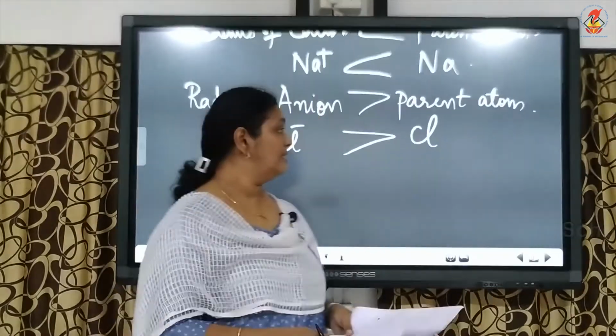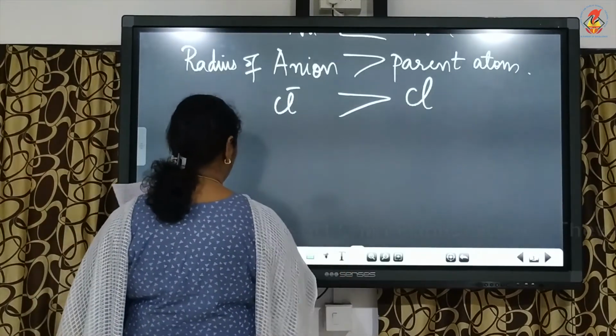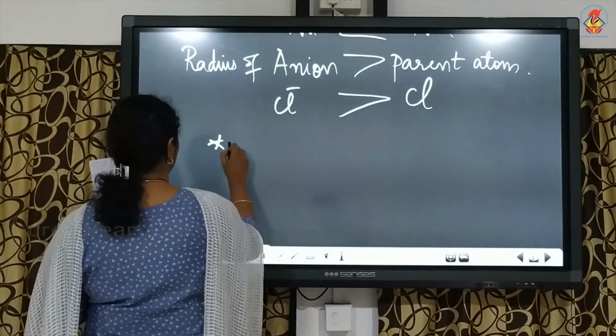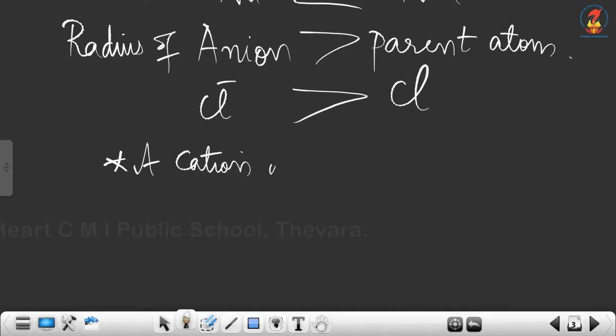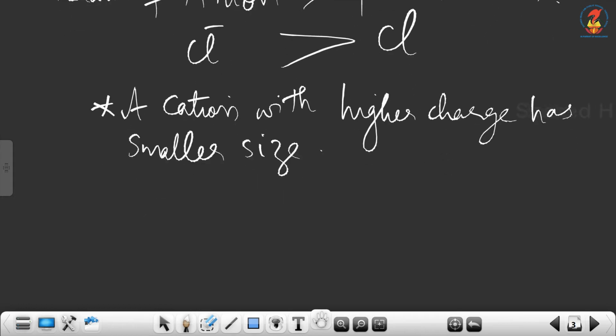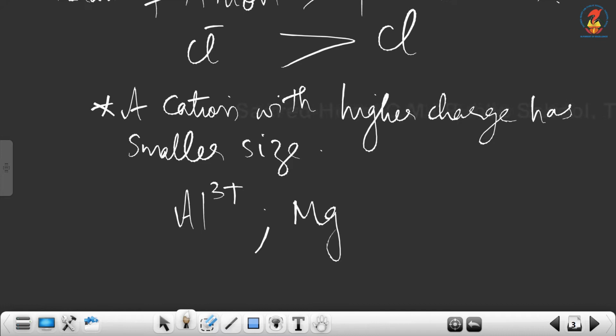Okay, now next let us see if there are cations of different charges, then we can say that a cation with higher charge has smaller size, or we can say as charge on cation increases, size decreases. For example, you take the cations Al3 plus, then Mg2 plus, then Na plus.